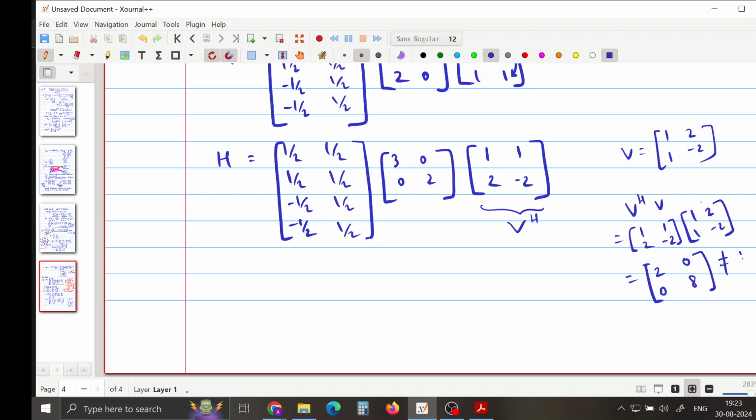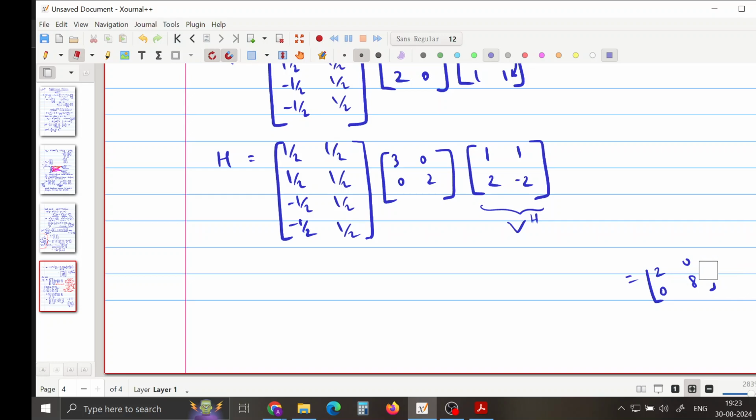So this is clearly not identity, you see. So V is not meeting my requirement here, so I am still not in the right form. This is not yet in my SVD form.